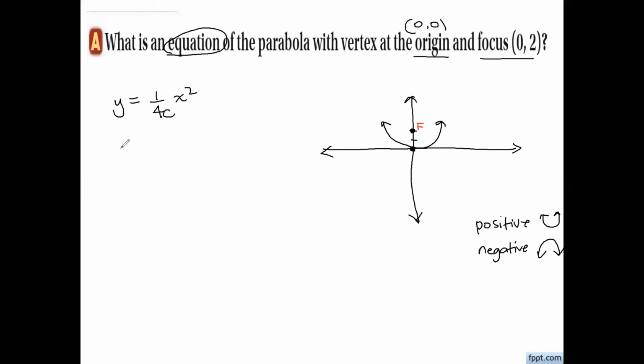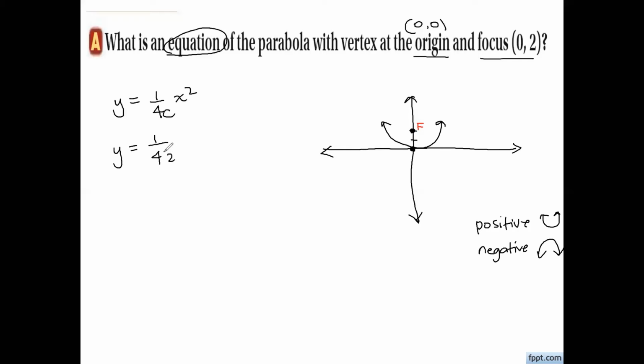Go back to our equation, y equals 1 over 4c times x squared. That is the standard form of our parabola. Then substitute the values. We have y equals 1 over 4 times what is c? Our c from the given is our focus, which is 2.